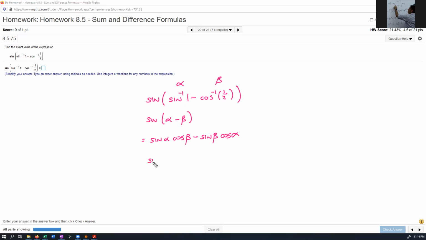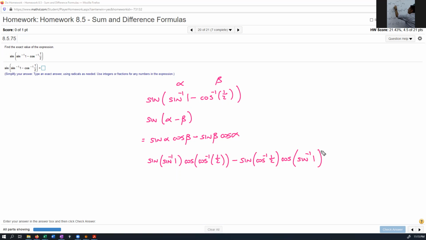And remember what alpha and beta are, they're right here. So this becomes sine of, well, alpha is arcsine of 1. And then cosine of beta, but beta is cosine inverse of a half. And then minus sine of beta, but beta is cosine inverse of a half. And then cosine of alpha, but alpha is sine inverse of 1.